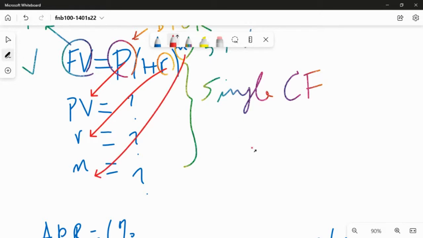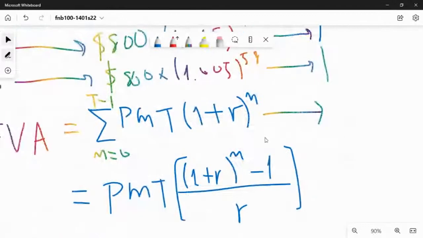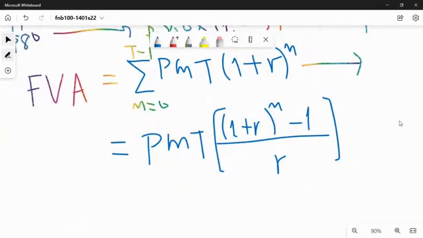So it's the same thing here. Because in future value of annuity, we also have four possible unknowns.